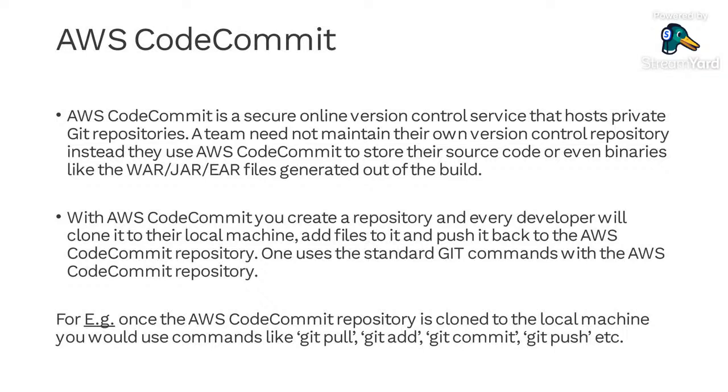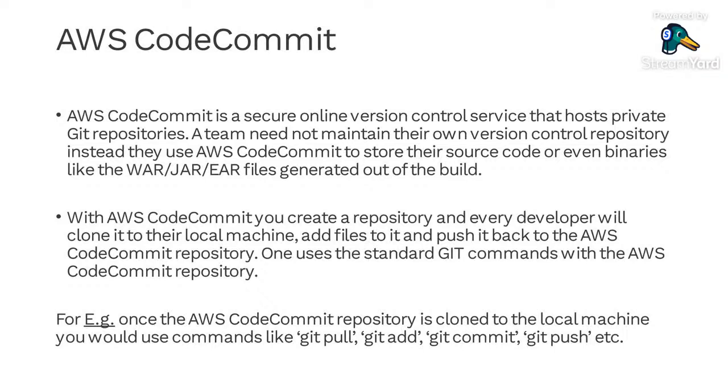So first of all, what is AWS CodeCommit? It's nothing but a code repository. It's our source code management tool, where we will push our code, like a version control service. It is built on top of Git.